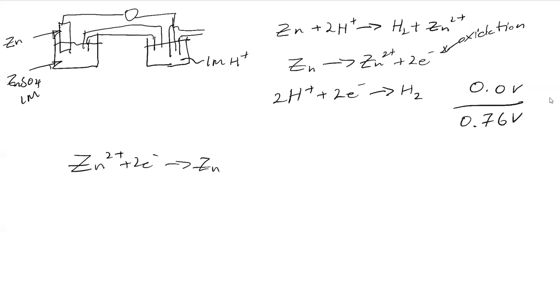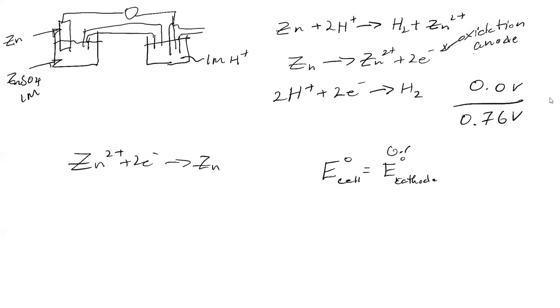So the E0 for the cell is equal to the E0 for the cathode, which is the reduction part of the reaction. Now this is oxidation, so this is the anode, right? So in this case, the cathode is 0 minus the E0 for the anode.